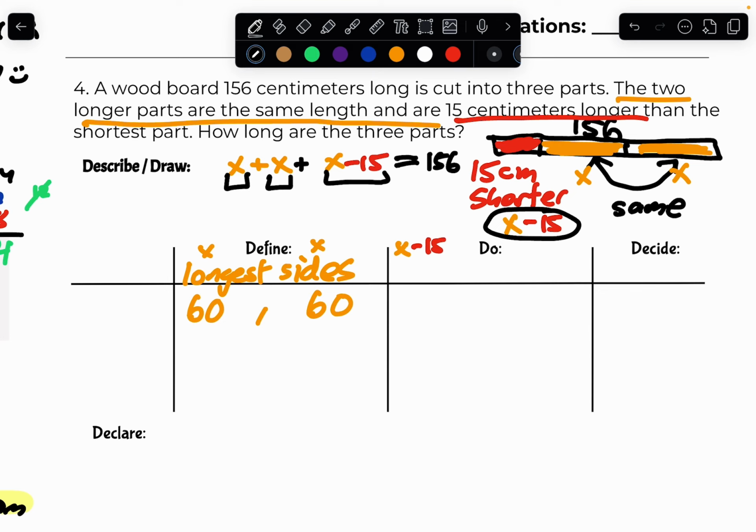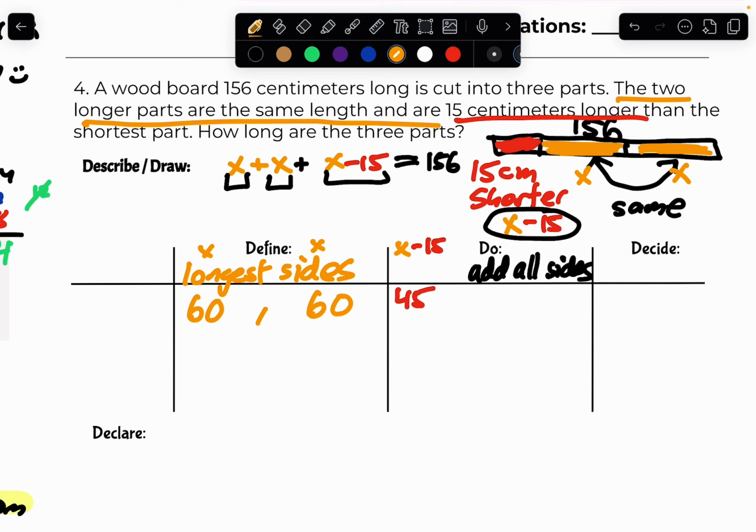What's 60 minus 15? 60 minus 15 is 45. So we get 60 plus 45. So my next task for the do part is I'm going to add them up. How long are the three parts? Add all sides.